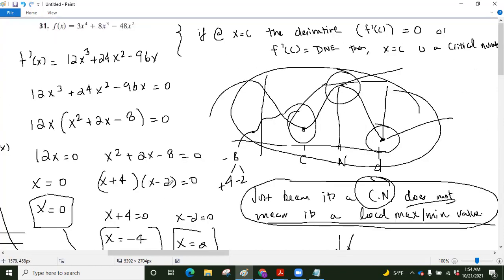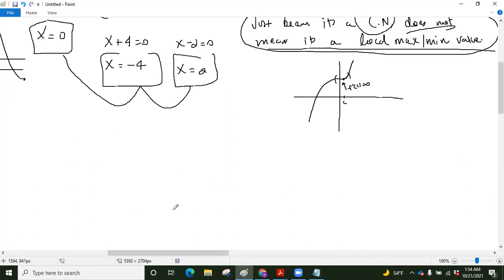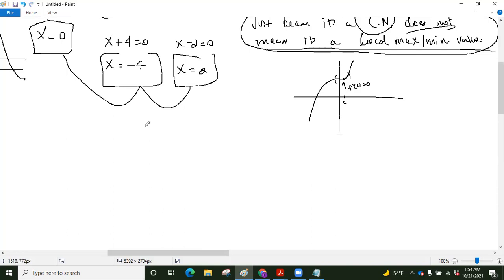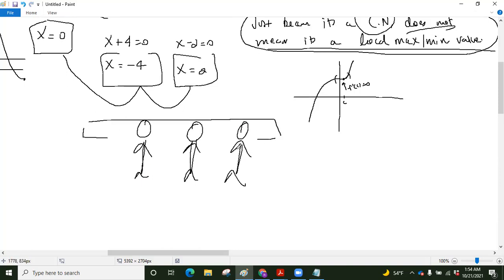As we move on, we'll develop ways of actually narrowing this down from all the candidates. It's kind of like a lineup, like in one of those movies where you have a bunch of criminals lined up, and you're like, hey, you're a critical number, you're a critical number.